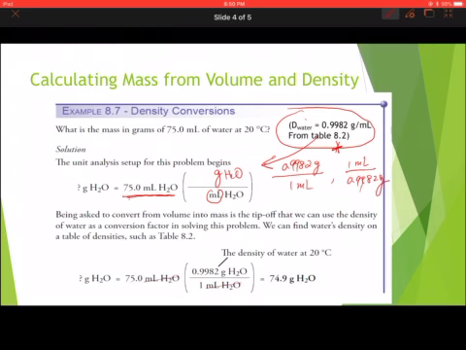Which one do you want to use? You want to use the first one because you want to get rid of the ml and go to grams. Follow significant figure rules, cancel out the ml, and you'll go to grams. So here we're using density as a conversion factor to go from volume to mass.